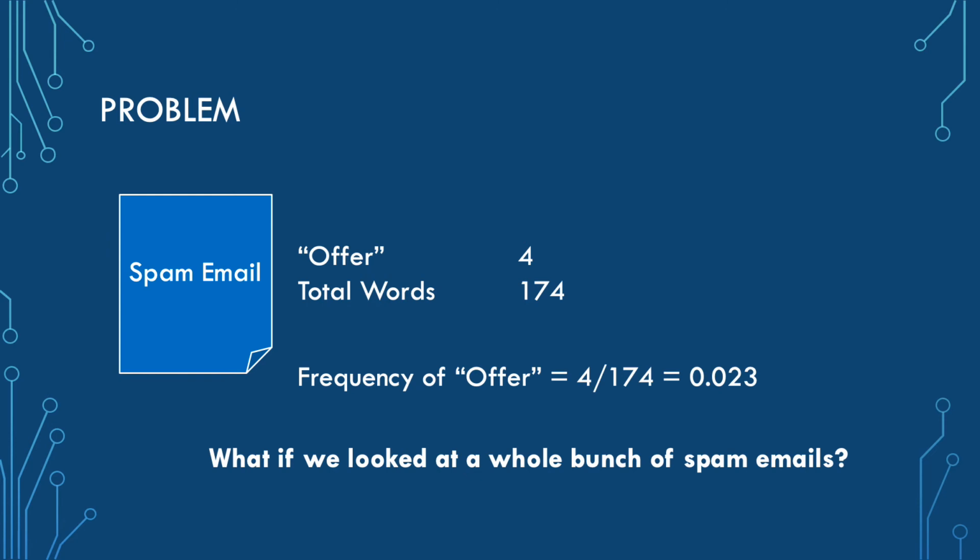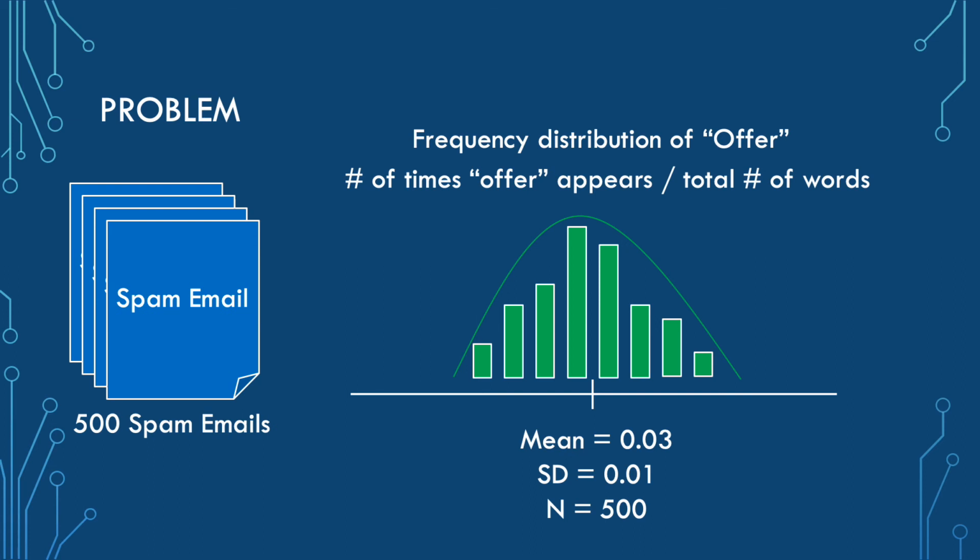What happens then if we look at a whole bunch of spam emails, similar to what we did earlier? We can take this information and make a frequency distribution of the rate at which the word offer appears in emails. We can describe this population in terms of standard deviation, means, etc.